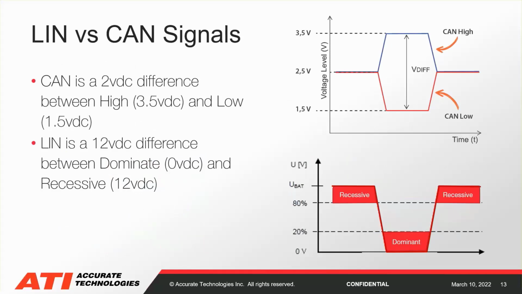Here we see an example of how the LIN and CAN messages look on an oscilloscope, where CAN is a 2-volt differential signal between CAN high and CAN low. LIN is a single wire that is driven either to 0 or bus voltage, where below 20% of the reference voltage is dominant and above 80% is recessive in its bit configuration.